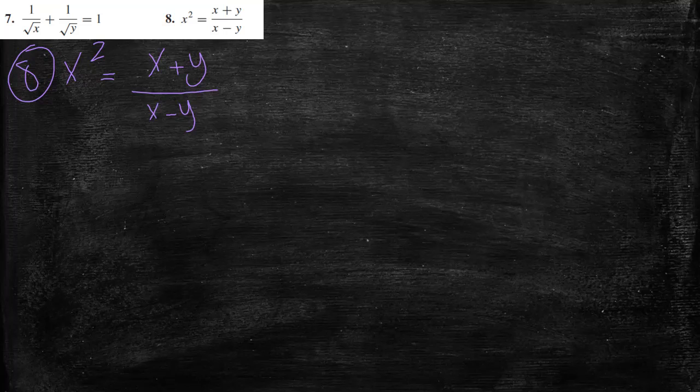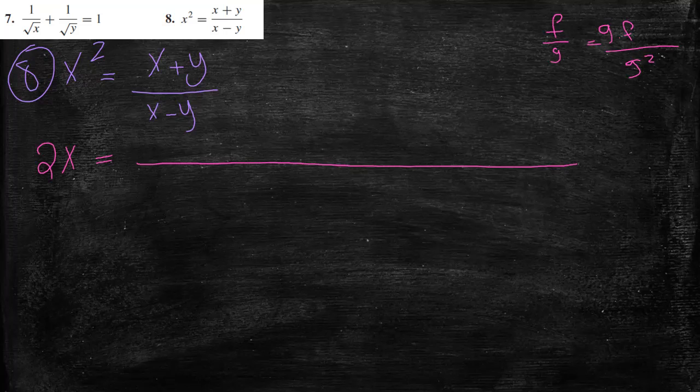The derivative of the left is 2x. And the derivative of the right we do by the quotient rule. In the quotient rule, if we have f over g, we have g squared, g times f prime minus f times g prime.